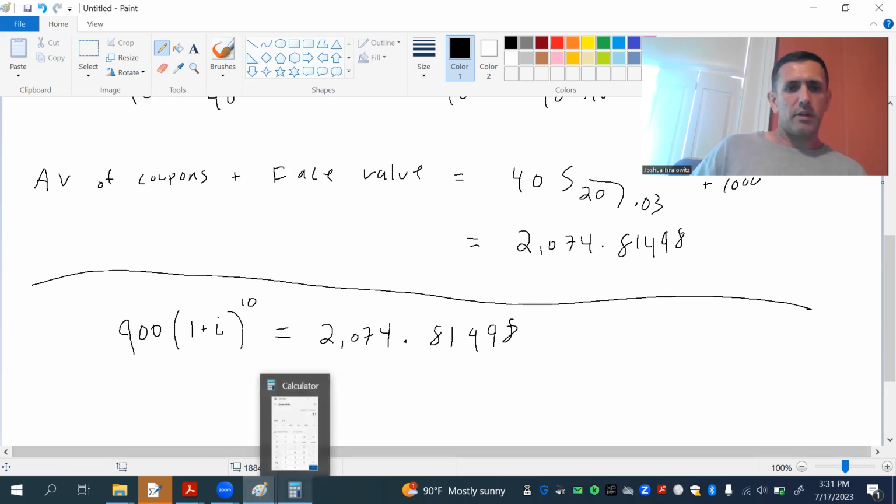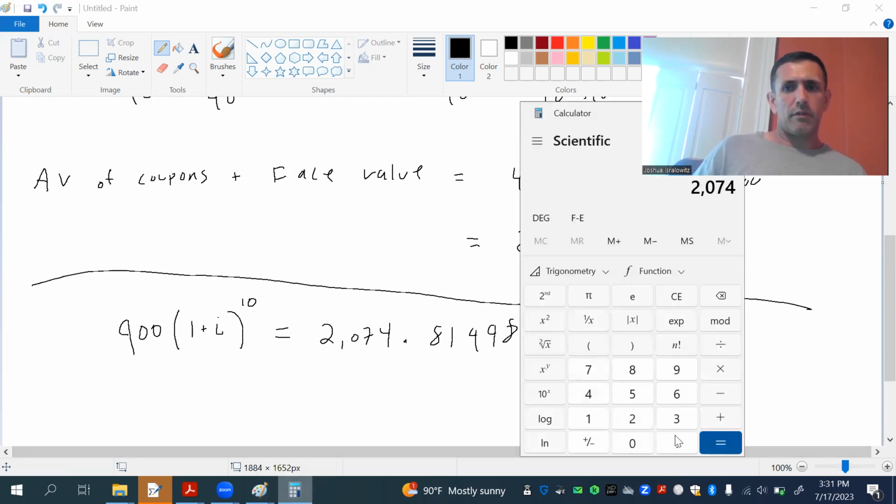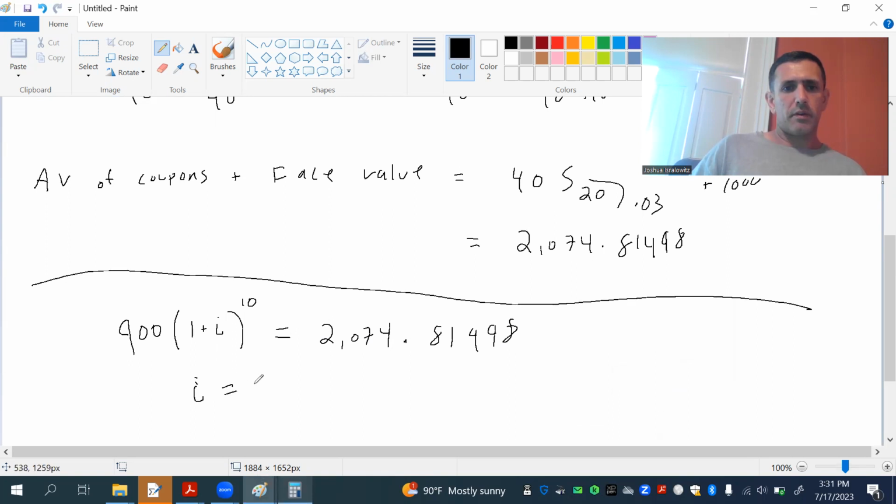So let's see: 2074.81498 over 900. So it's 8.711%, which is pretty good. I would be very happy if I knew an investment that gave me that. So 0.0871.